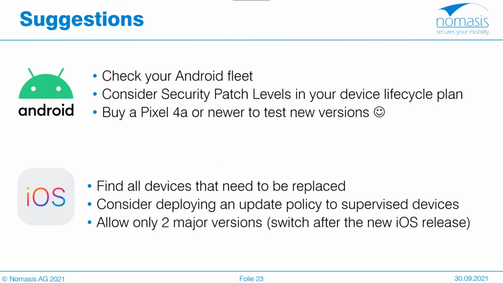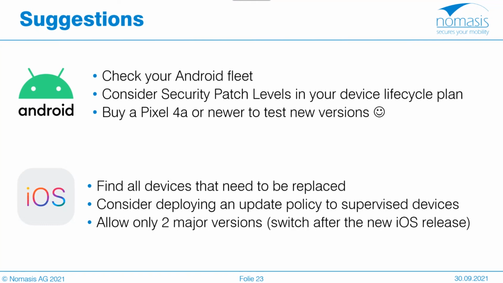For these organizations that use supervised iOS devices, we would recommend to deploy an update policy so that the devices are updated automatically. And of course, always find the devices that need to be replaced, and make sure to notify people that are able to upgrade their devices but haven't done so yet.